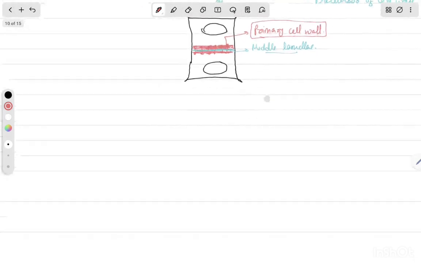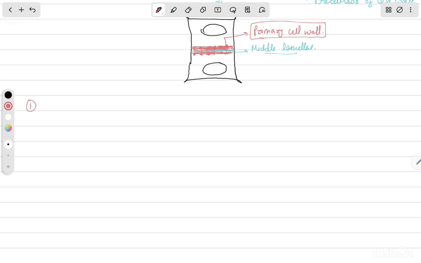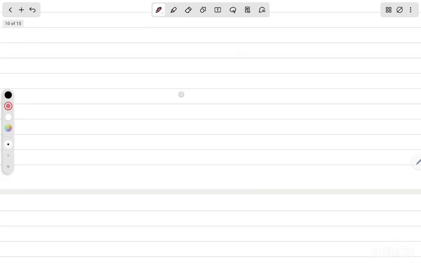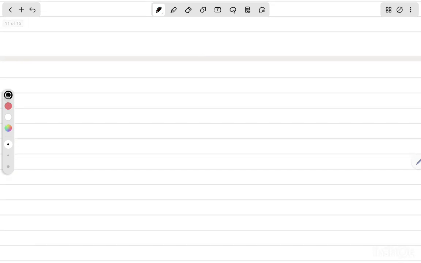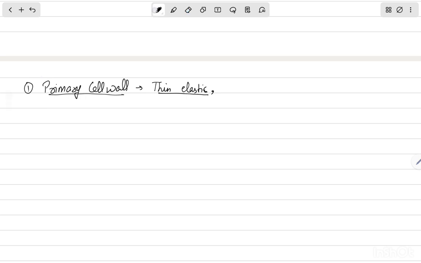This primary cell wall, so the first layer of cell wall, is the primary cell wall, right? Which is formed by middle lamella, right? It is thin, elastic. As the cell is formed, this is the first layer to be formed, that is why it is known as primary cell wall.